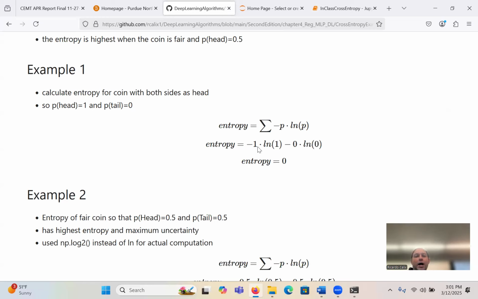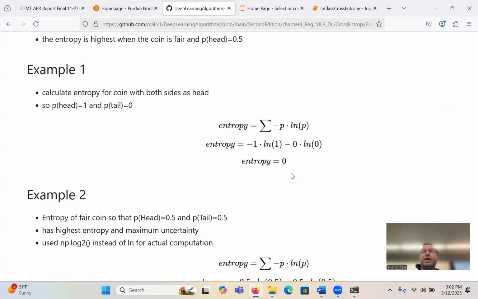It's going to be 1 times logarithm of 1, minus the other probability, which is 1 minus 1, or 0, times logarithm of 0. 0 times anything is 0, so that's canceled. And then 1 times ln 1 should be 0. Got it, guys? So that's the actual computation.